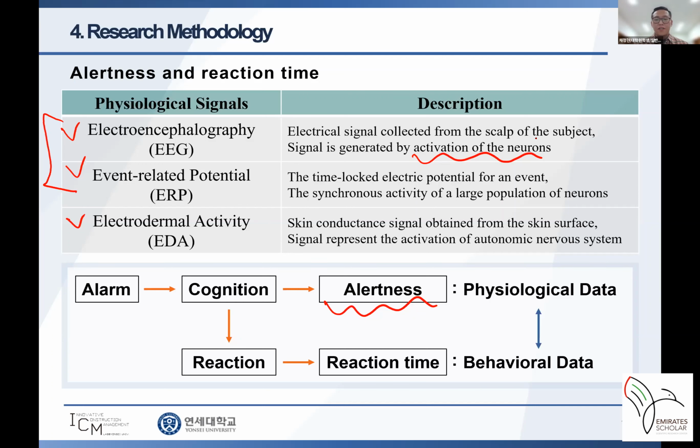The signal represents the activation of the autonomic nervous system, which is specifically related to alertness. So if the alarm sound occurs and we hear it, then our body will be alerted, and we can measure such alertness by the physiological signal or physiological data.